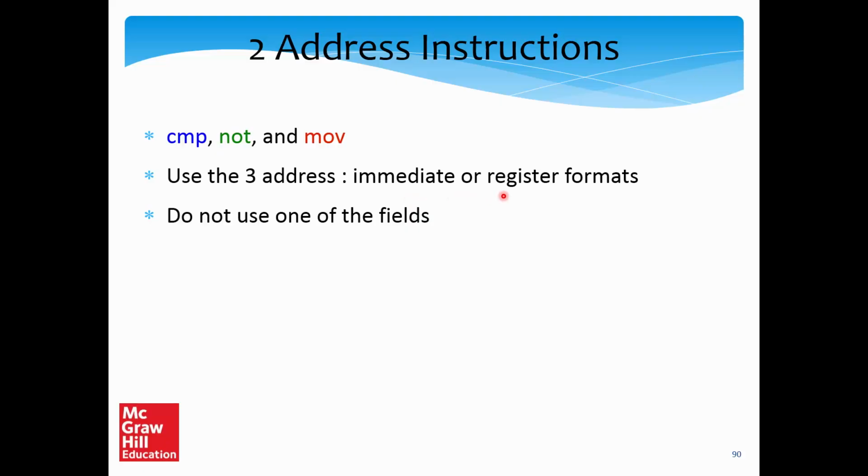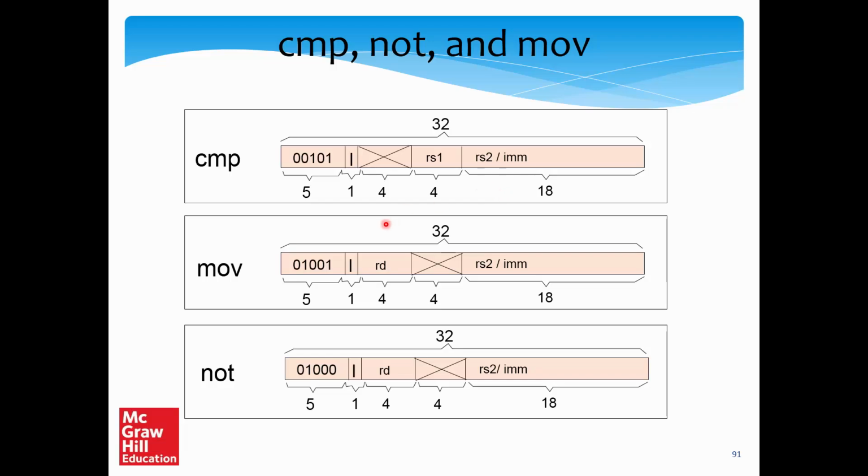So we'll keep some fields unoccupied. For example, the compare instruction does not have a destination. So we'll do nothing with the destination field, but we can keep the first source operand, the first source register, and the second operand, which can either be a register or an immediate.